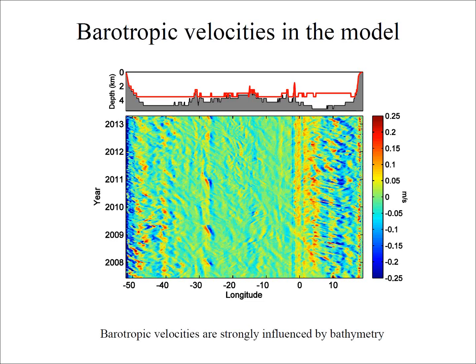At 34 South we have a very wide continental shelf break, and then we have the Walvis Ridge here, and the barotropic velocities are generally associated with these features. This is something that we can't calculate directly from the thermal wind relationship, and we need to add information about these barotropic velocities.